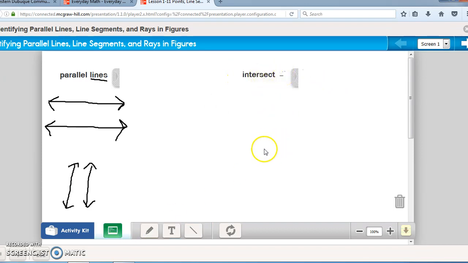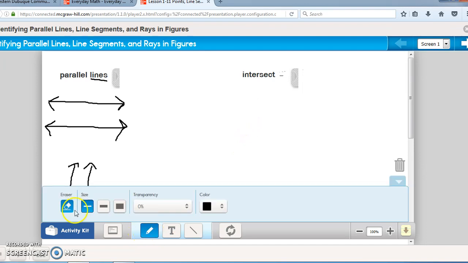And intersect. Think of an intersection. Intersection is when you have two lines that are going to cross over one another. So here's a line, and notice, remember, our lines have arrows. And if I would draw a line underneath here, you can tell that this line is soon to intersect this other line right here.